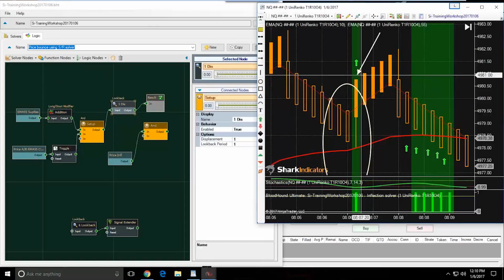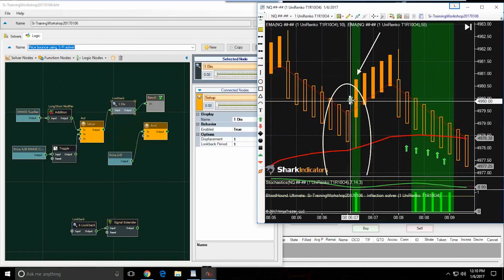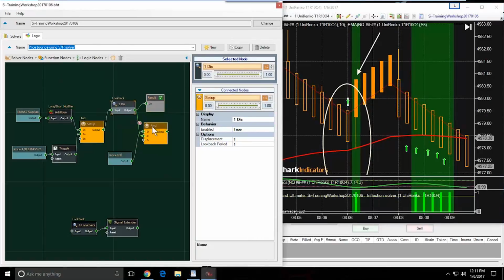And if we look at the chart now, remember this was our setup bar, but now that output has been shifted forward onto the reversal bar or the bounce bar. So let's plug that into our AND node and see what we get.